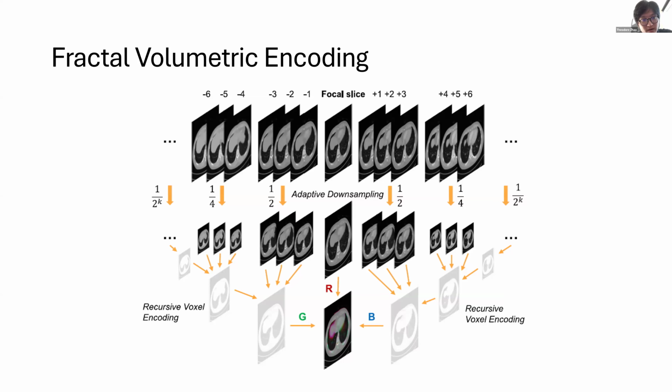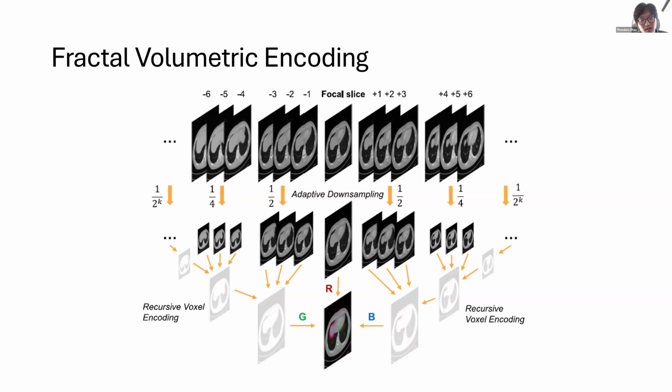So one half of the 3D context is ultimately going into one channel in an RGB image, and the same for the other half. And the focal slice will retain the original resolution and go to the third channel of the image.